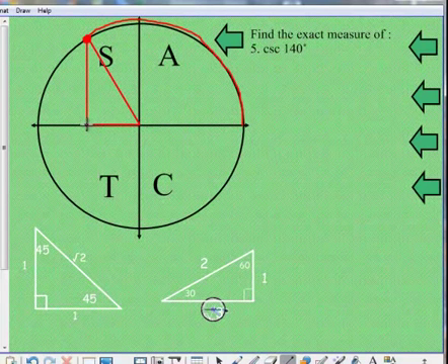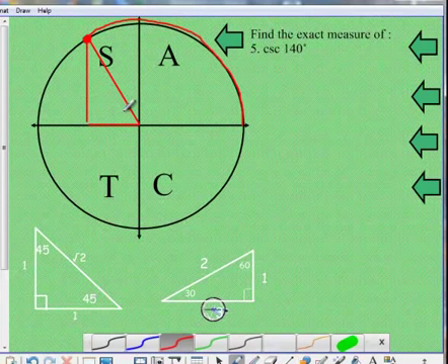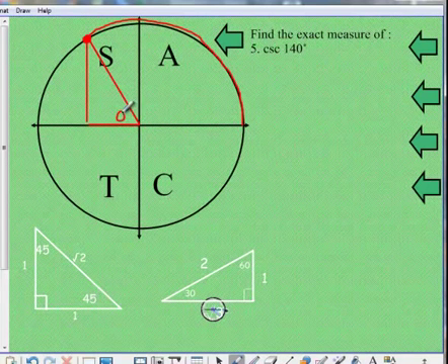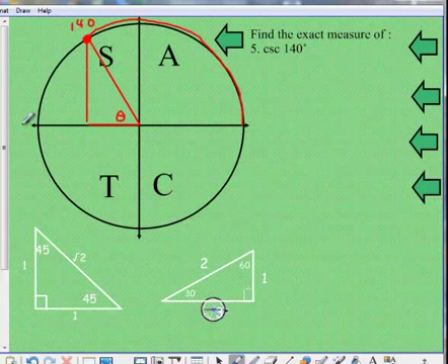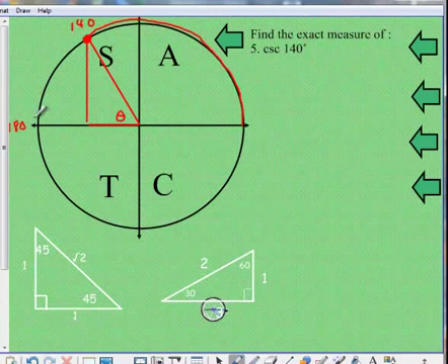There's my triangle. And now how big is my angle right here? That's what I got to figure out. Well, up to here was 140, and this is 180. So my reference angle, how far is it from here to here? 40 degrees. Ah, but wait a second.